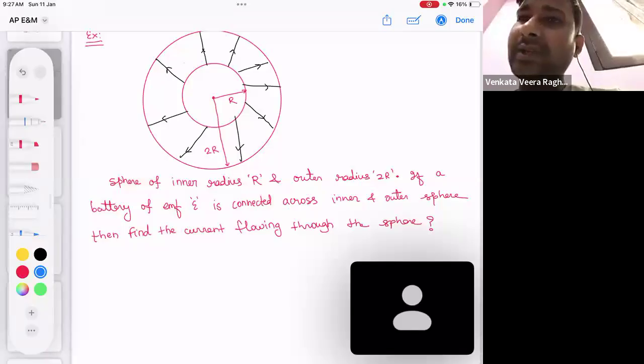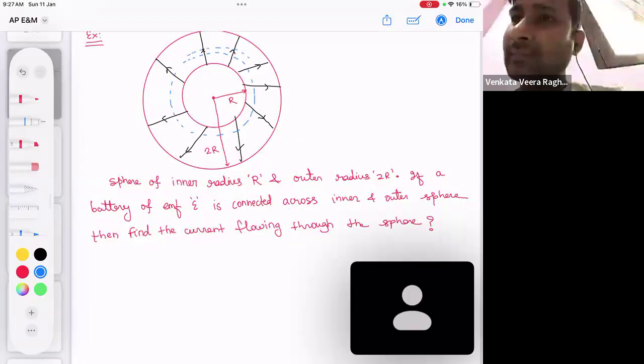We should consider a small element. Here, the small element I will consider. Is that also going to be spherical in nature? Isn't it? This is also going to be spherical in nature.